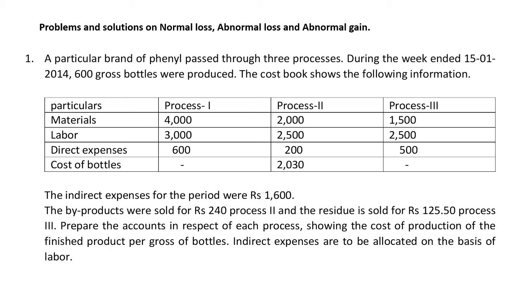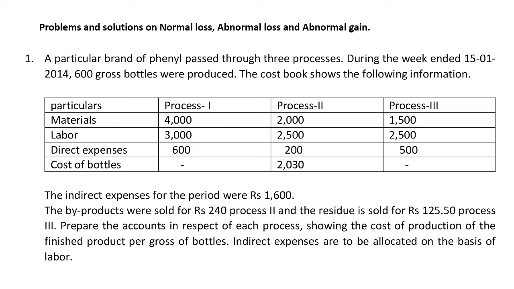A particular brand of phenol passed through three processes during the week ended 15/1/2014. 600 gross bottles were produced. The cost book shows the following information relating to process 1, process 2 and process 3. Materials: 4,000, 2,000 and 1,500.